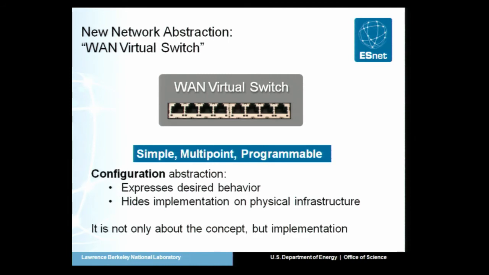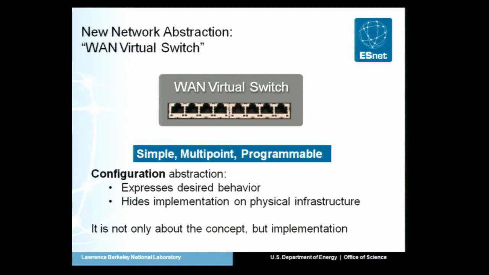But the implementation of this, whether it is a layer 2 switch-based infrastructure, a layer 3 switch-based infrastructure, or a layer 1 software-defined network, is hidden, and it enables a multi-layer software-defined networking approach, which I think is what's happening and going to happen in this industry.